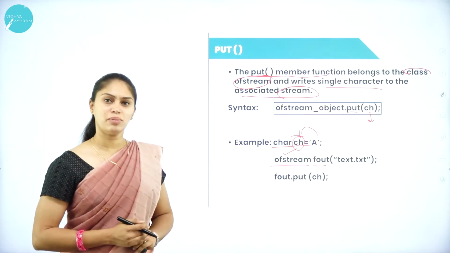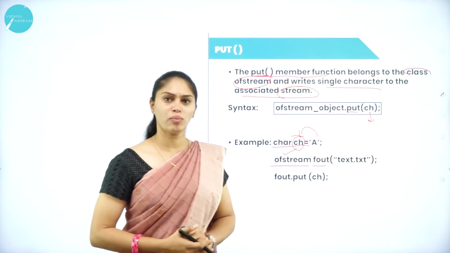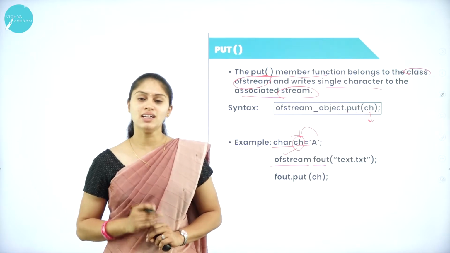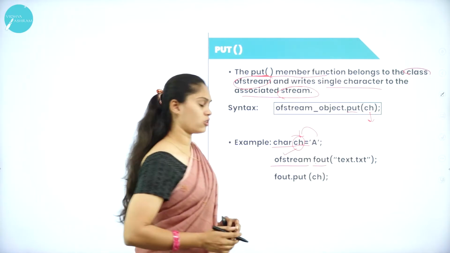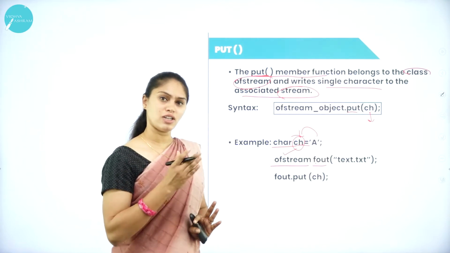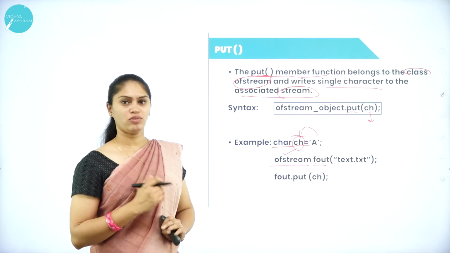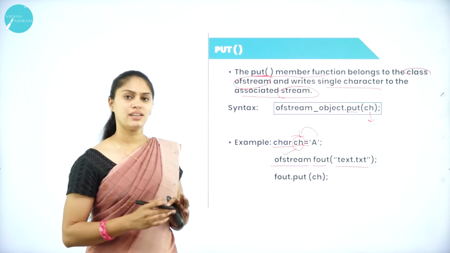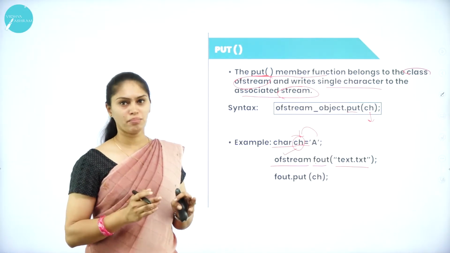With the help of a constructor or the open member function. Am I specifying the open member function here? No, so I am opening the file with a constructor. Fout is an object of the class ofstream, and I am opening a file with the constructor concept. Within the parentheses, I am sending a file name as an argument.